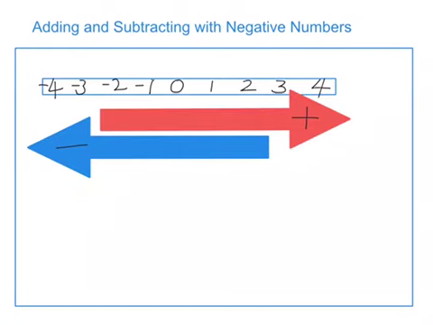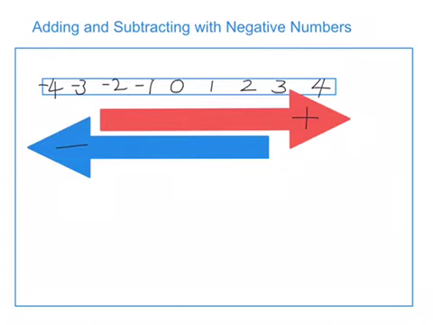And just as before, we can see the direction that we need to travel. When we are adding a number, we're going to be moving to the right, and when we are taking away or subtracting, we are going to be moving to the left. Here's our 0 in the middle, so we always think where we are in relation to our 0, but then when we're adding, we're going to be moving this way, and subtracting, we're going to be moving that way.